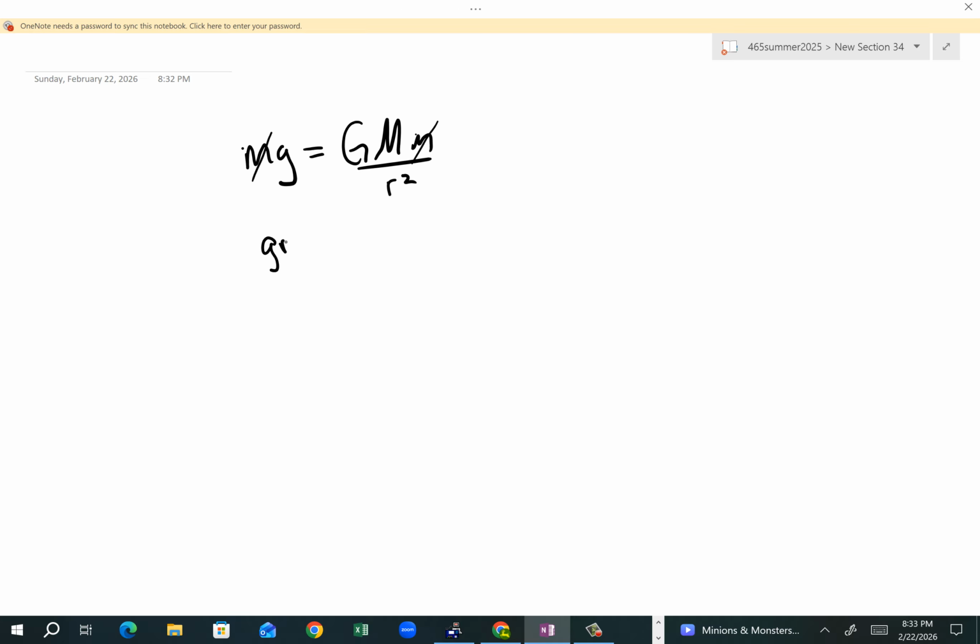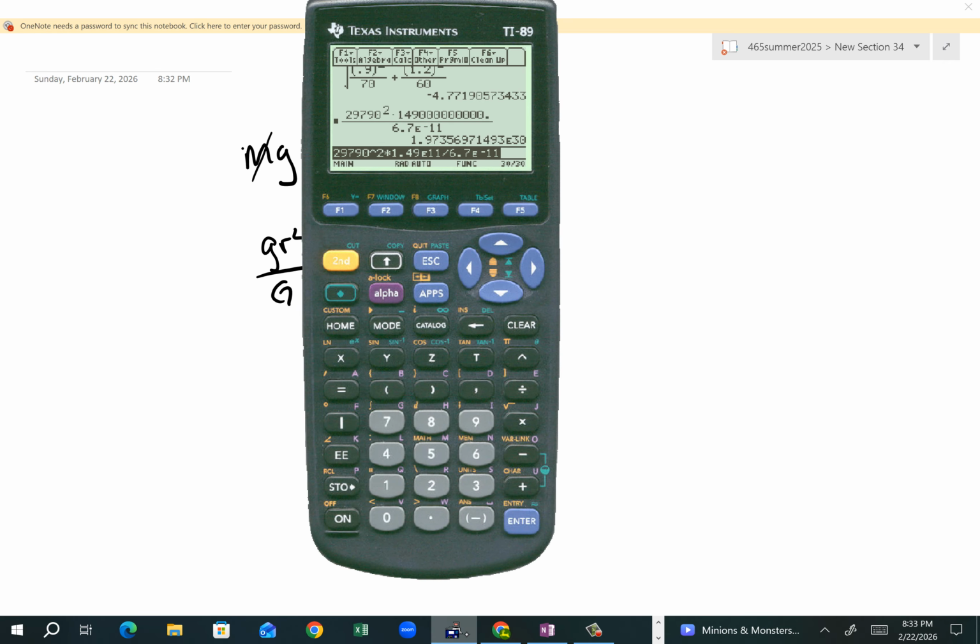So that's g r squared over big G. This would be the mass of the Earth, or the mass of whatever planet you happen to be standing on.